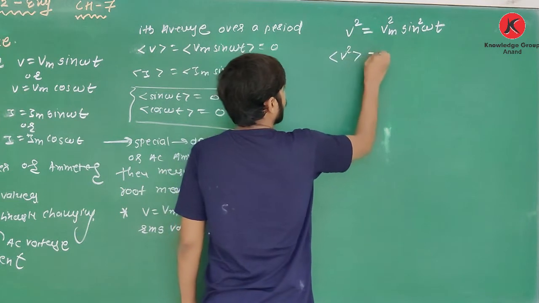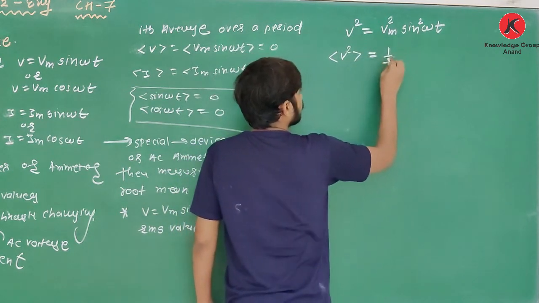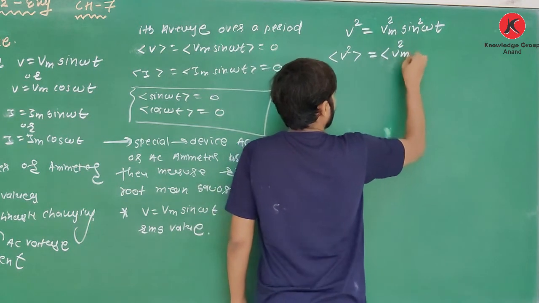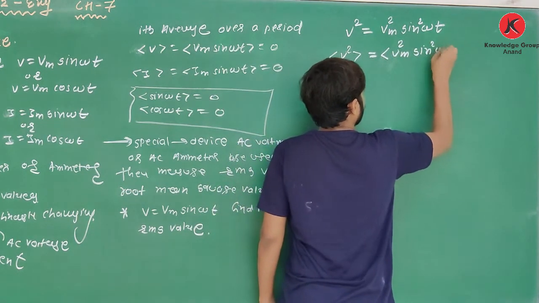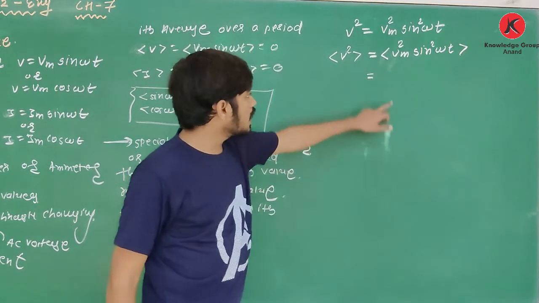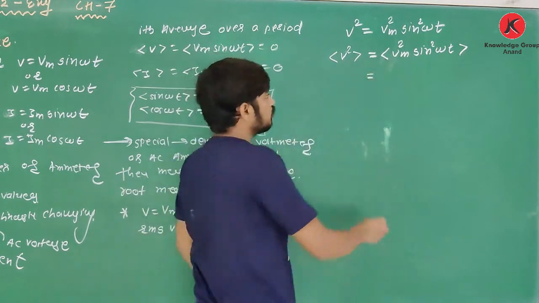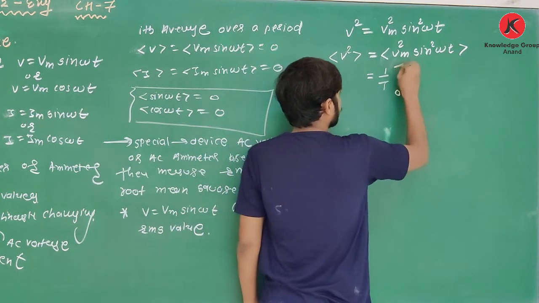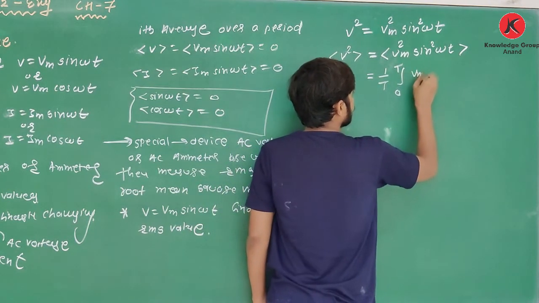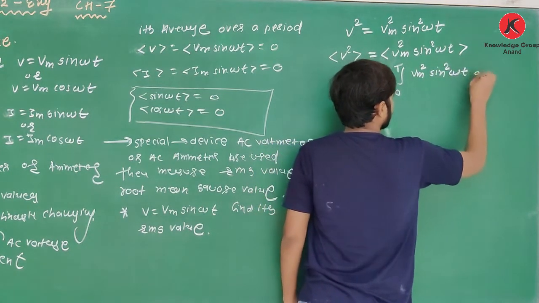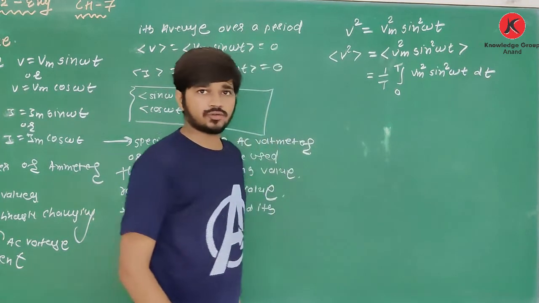So the average of V² is the average of Vm² sin² ωt. How to find its average over a period, that you know. It is 1/T ∫ from 0 to T of Vm² sin² ωt dt. Yes or no? Yes, yes.